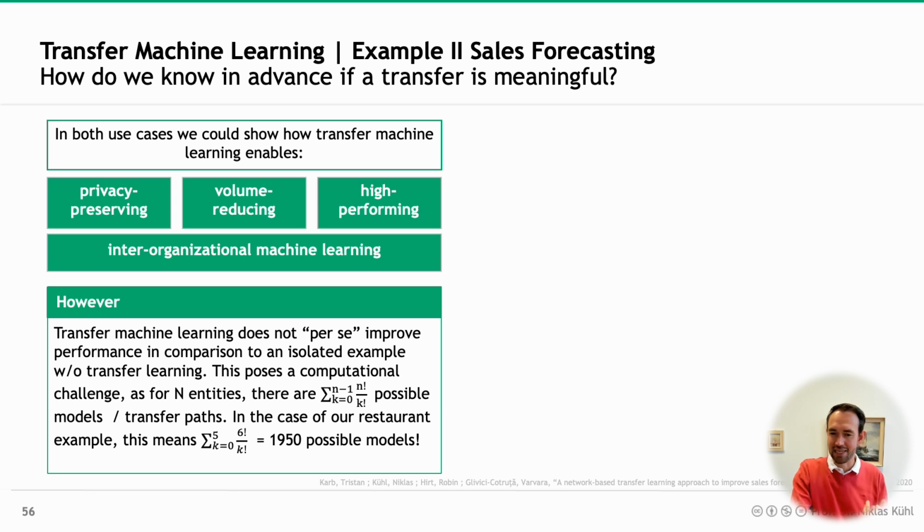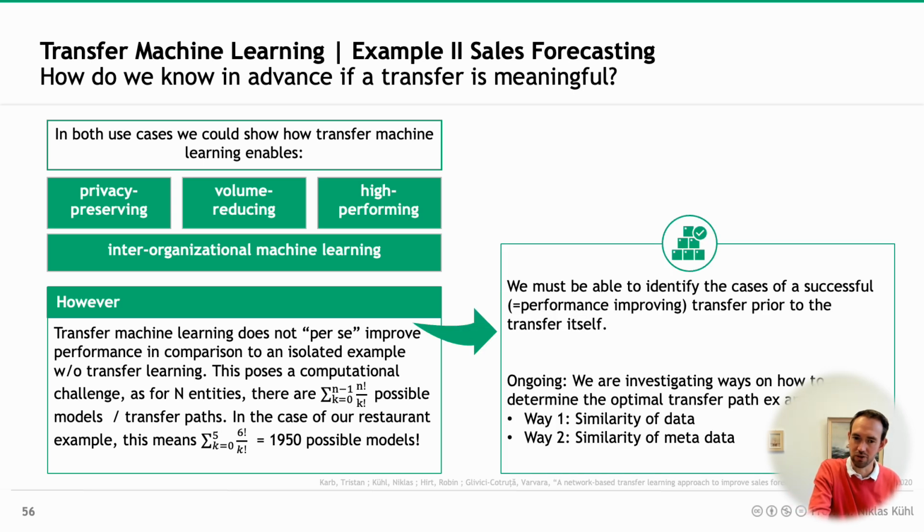So the logic of that is that if not any transfer is meaningful, we must be able to identify the cases of a successful, and successful is defined as performance improving transfer, prior to the transfer itself. And that's like ongoing research. How can we identify this? Is it due to the similarity of the raw data, of the metadata, for example, the location of the restaurant, and so on? So that is still something that is up for discussion.